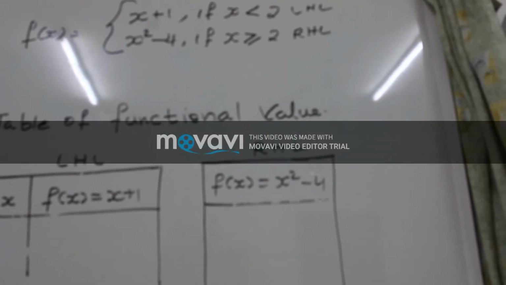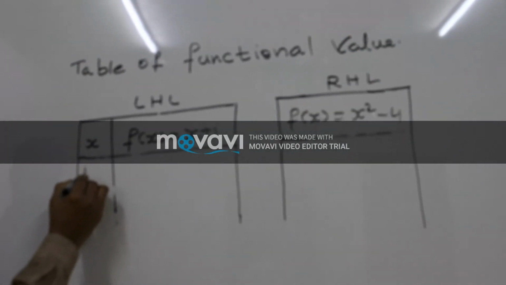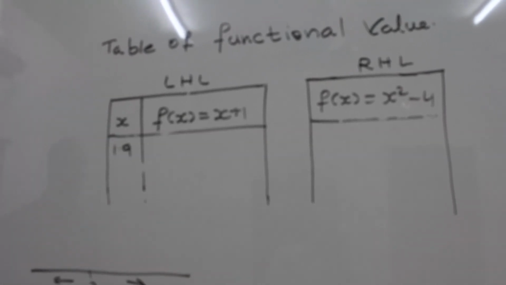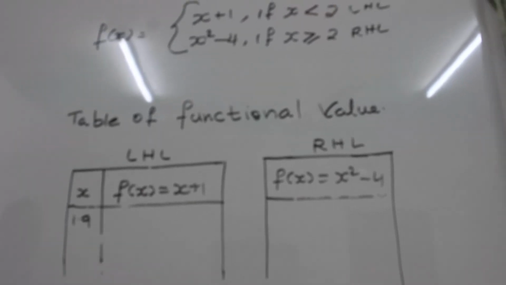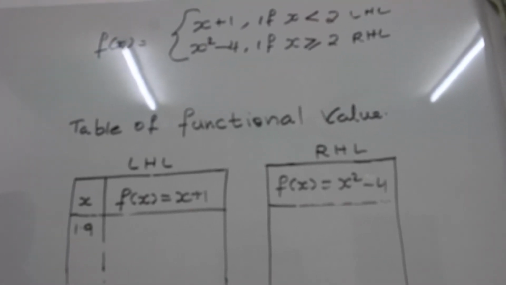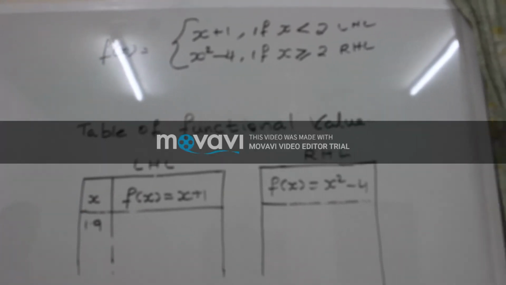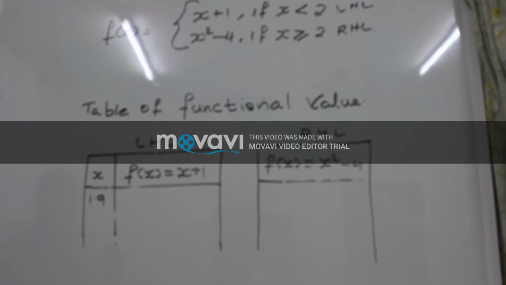Then I am taking the value x equal to 1.9. Why do I consider 1.9? The value should be very close to the number 2 and less than 2.